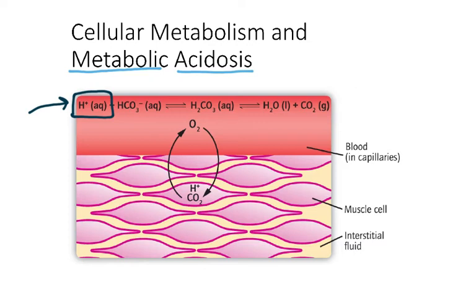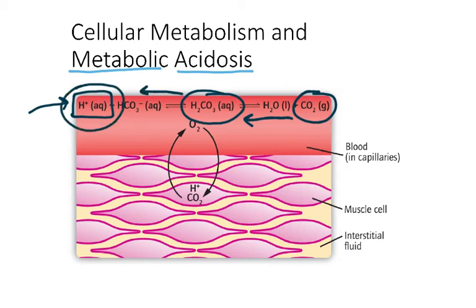But notice that if CO2 gets into the blood, think about your knowledge of equilibria, right? What happens to the equilibrium when CO2 concentration increases? It's going to shift the equilibrium this way to produce more carbonic acid, which will then shift the equilibrium this way to produce more H plus. And now we have a problem. If there's more H plus, it's more acidic. We just produced acidosis. So if CO2 cannot be flushed out of the blood, then this can happen. It can lead to acidosis.